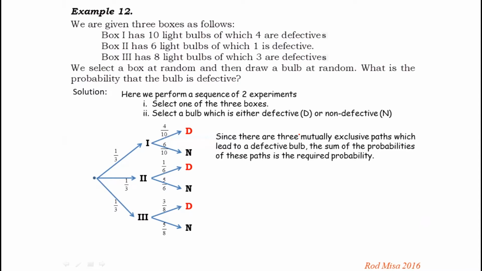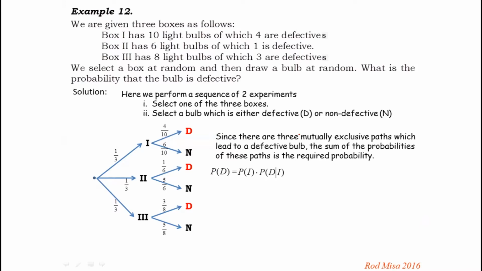Tracing the path for defective light bulbs, selecting a defective one can happen in three possible cases. The first case is when you choose the first box, and after choosing the first box, choosing a defective light bulb given that you have selected the first box.